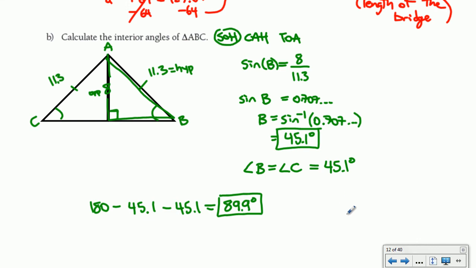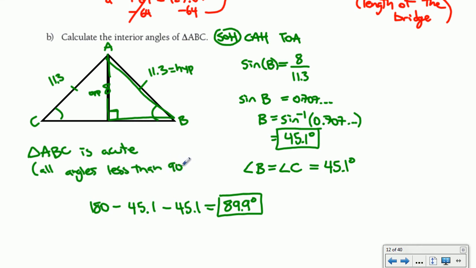So based on the angles, triangle ABC is acute. All angles are less than 90. Just less than 90.